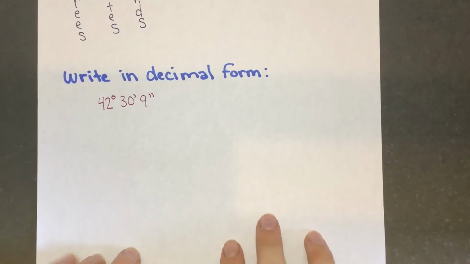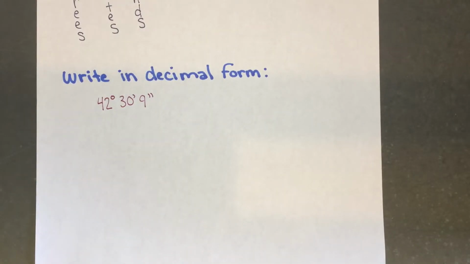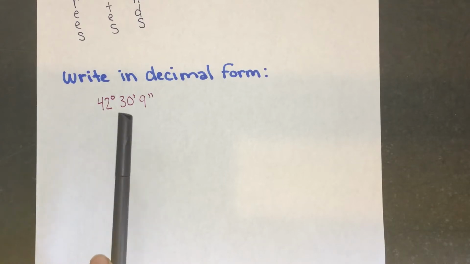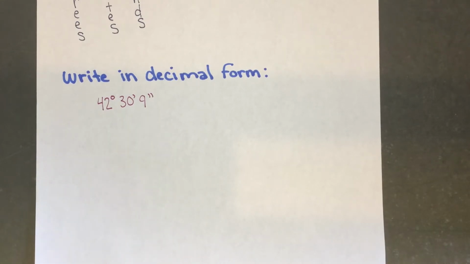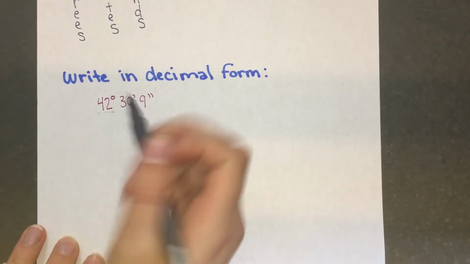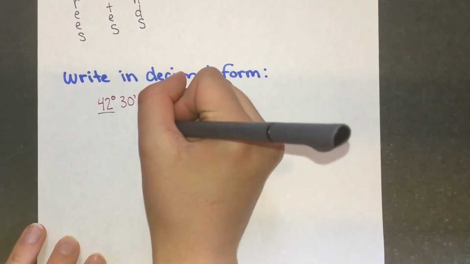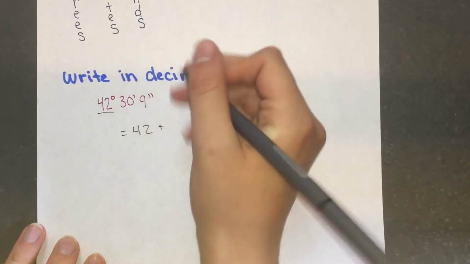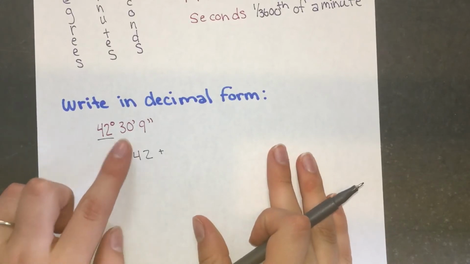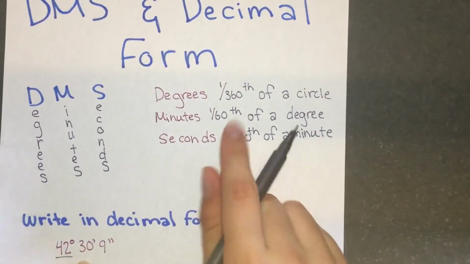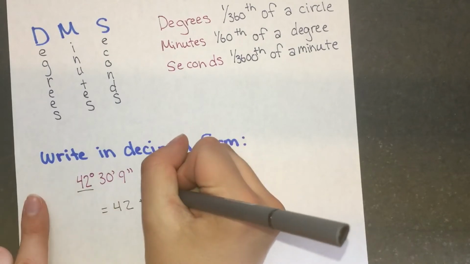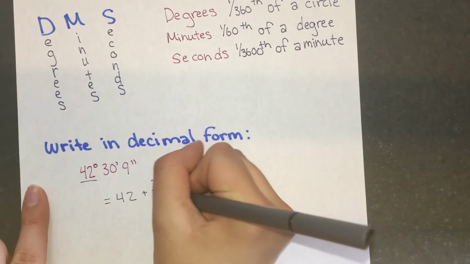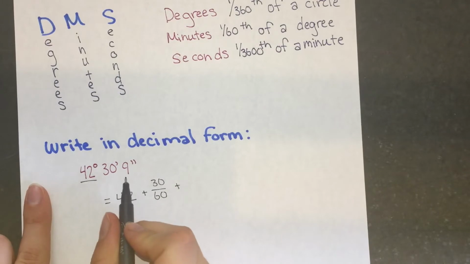So here we have a problem, and it says write in decimal form, and we have 42 degrees, 30 minutes, and 9 seconds. So what we need to do to get into decimal form is, see here we already have 42. Now that would be a whole number, so it would be 42 plus 30. So if the minutes are 1/60th of the degree, you would write 30 divided by 60, and then we have our seconds here.